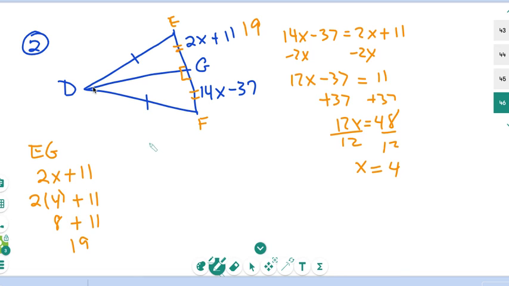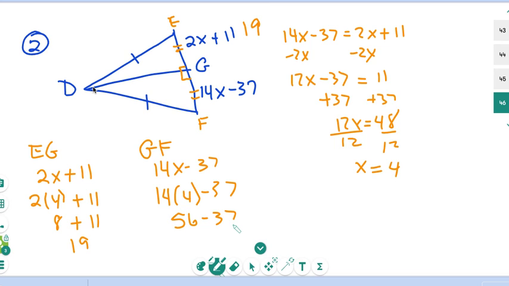And I can find GF, 14x minus 37. 14 times 4 minus 37. 56 minus 37 gives us 19. And that's how you use perpendicular bisectors.